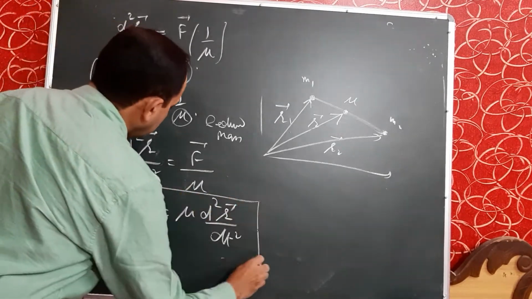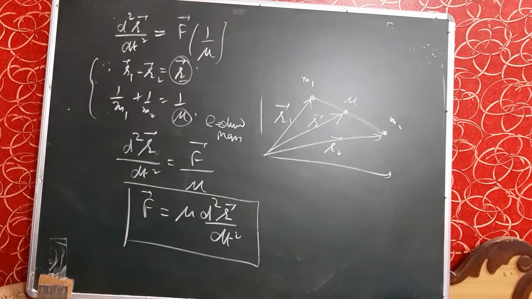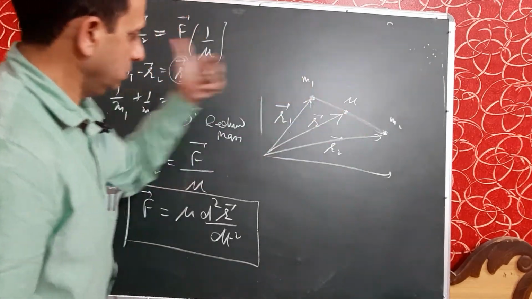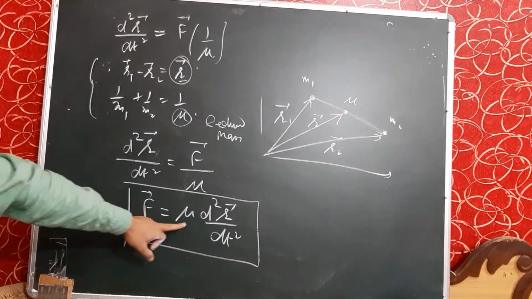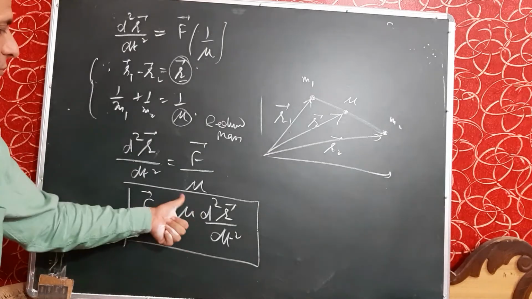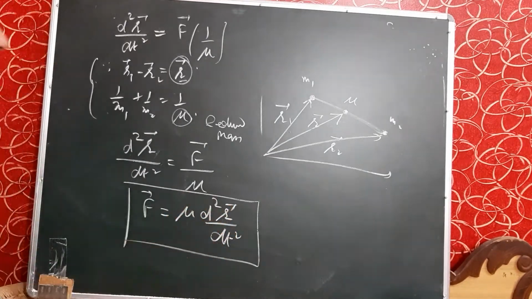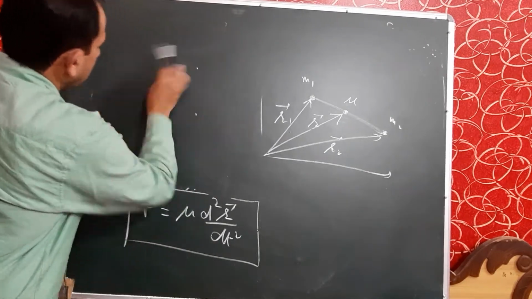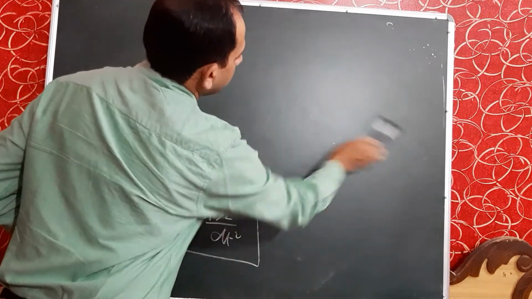So this is the single formula, the formula for the equivalent single particle which is equivalent to the two particles. This is the single particle formula, like F = ma, where m means μ and a means d²r/dt². So this is the reduced mass formula, or the equivalent of reducing a two body problem into a one body problem.